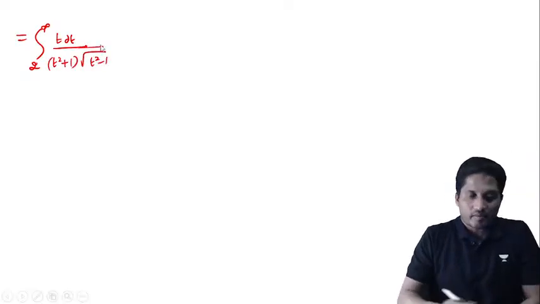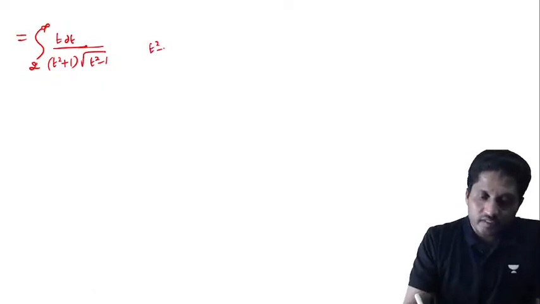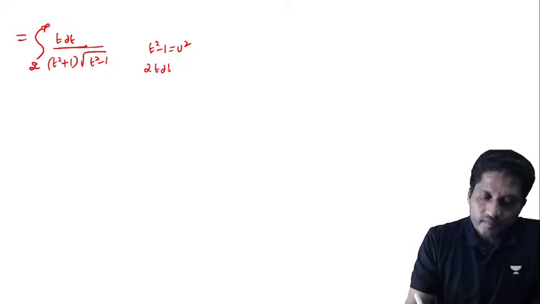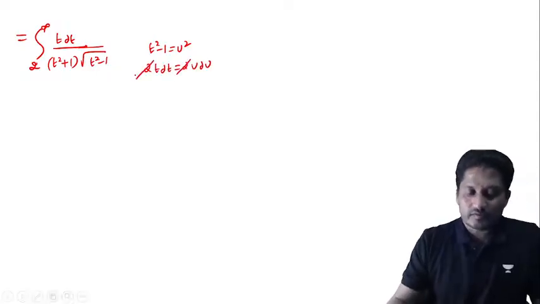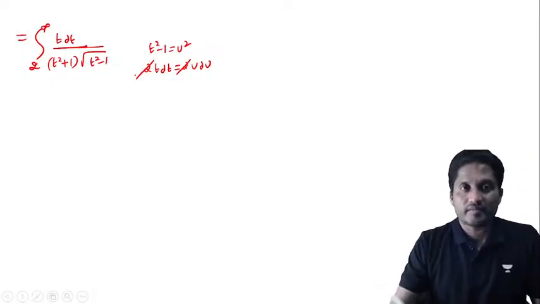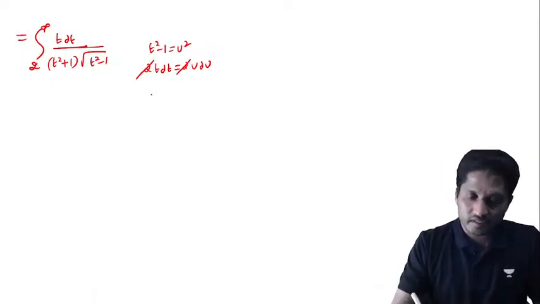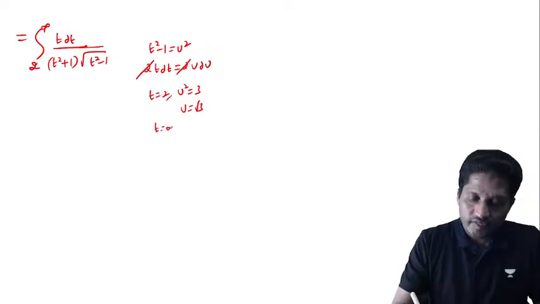Right. Now I'm going to put t square minus 1 is equal to u square. You get 2t dt is equal to 2u du. You're going to cancel this 2 and 2. Now when the variable is changed, limit will change. When t is equal to 2, u square is equal to 3, u is equal to root 3. When t is equal to infinity, u is equal to infinity.